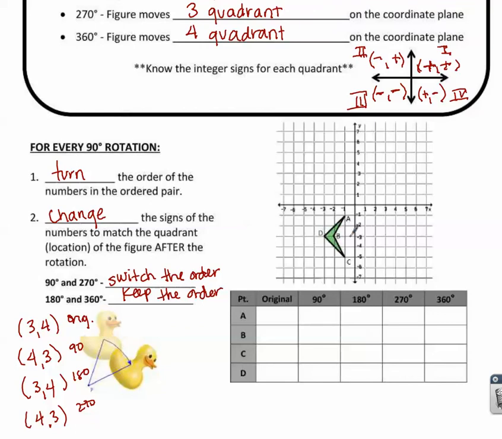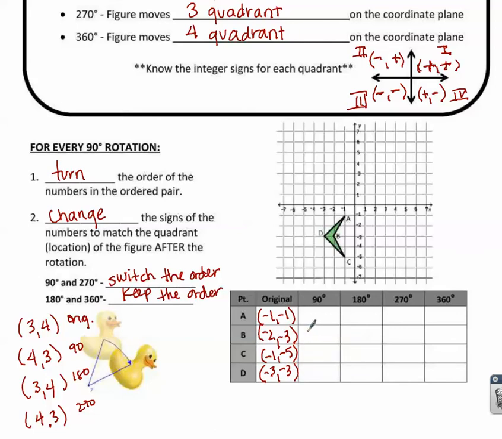So here we have our original figure. A is at -1, -1. B is at -2, -3. C is at -1, -5. D is at -3, -3.